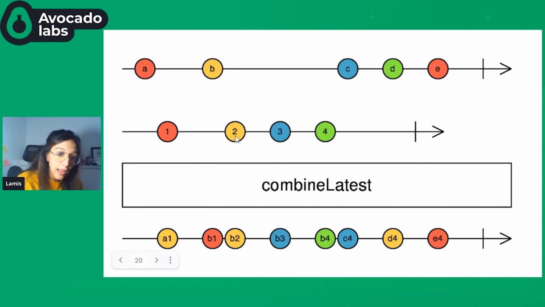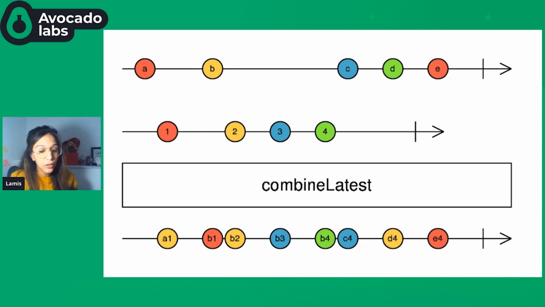Now, at that time, the second observable emitted 2. So combineLatest should emit this update to its consumers. Let's see if the other observable emitted also. No, there's nothing. So the last value is B. So it's B2, and so on and so forth. This is how it works.